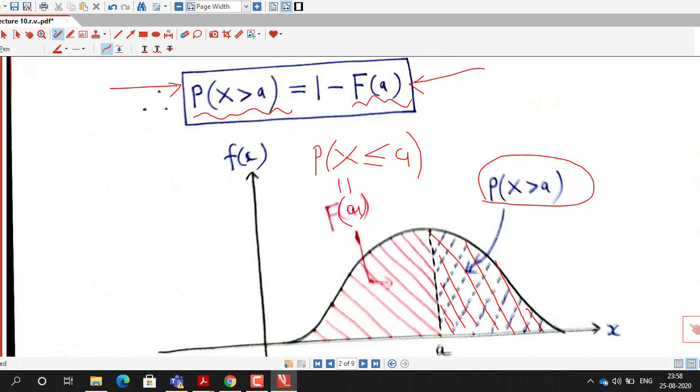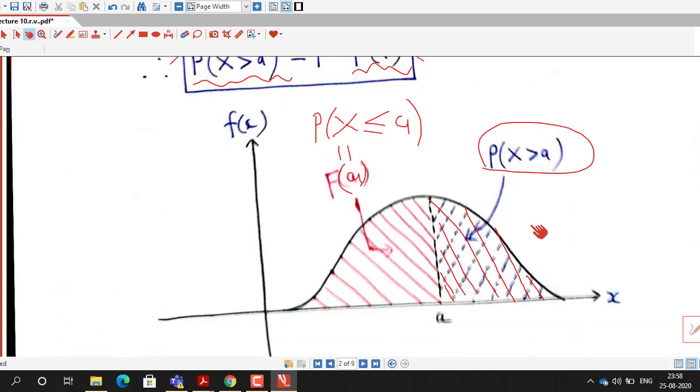So the probability that x is greater than a is 1 minus the area to the left of a. The area to the right of a is the total area minus the area to the left of a, and the area to the left of a is small capital F of a, and the total area is 1.